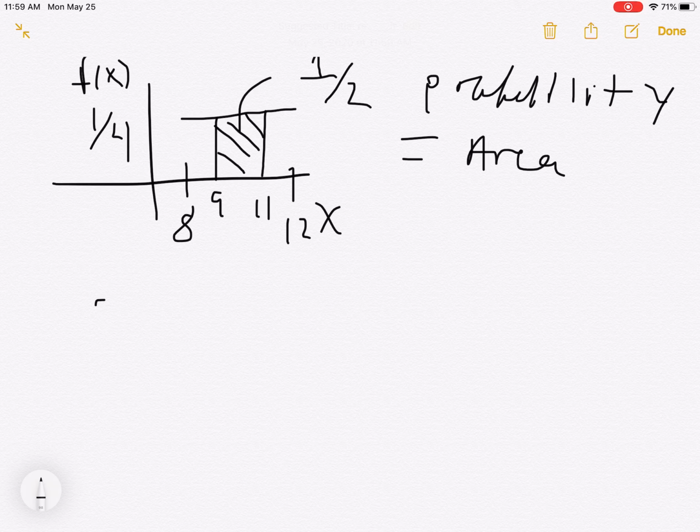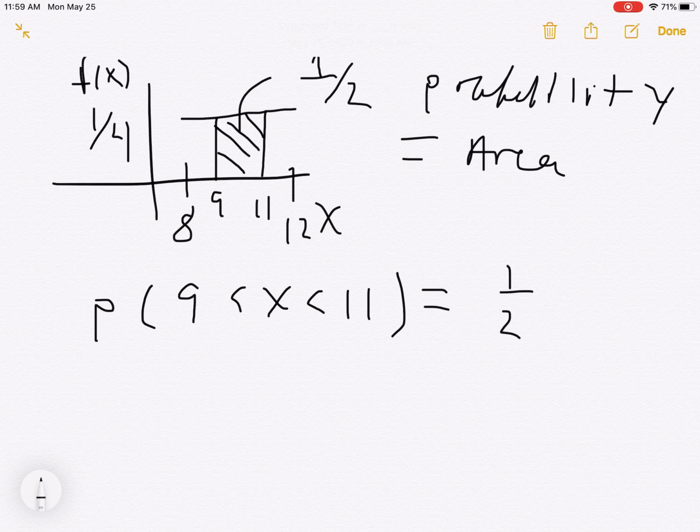Now, someone might ask you, hey, notice I get the same answer if I do this, that's equal to 1/2, or if I do the less than or equal to. And that's because the difference between them is a line.